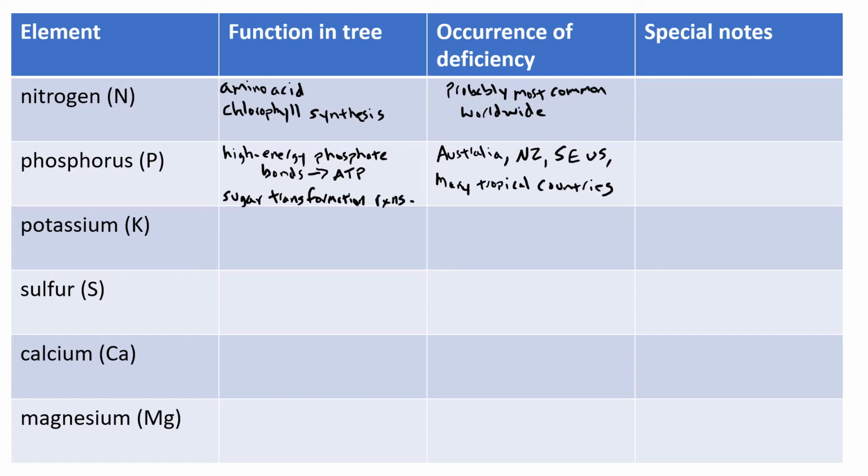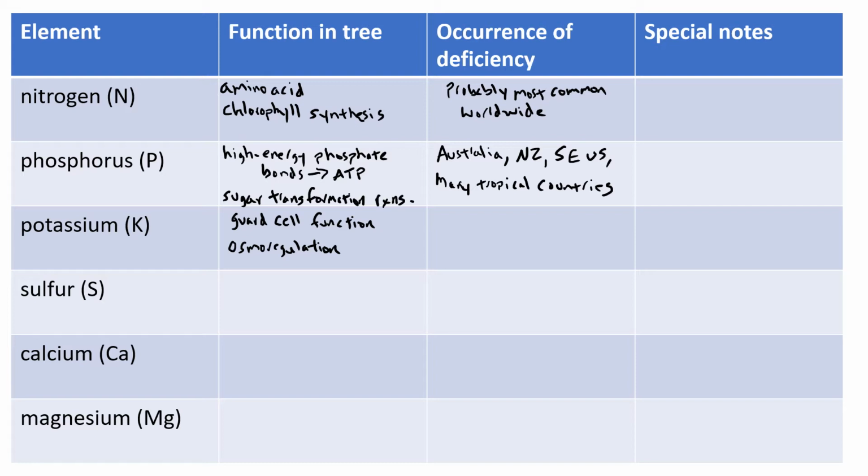Potassium: later on when we study water relations, we'll learn more about how guard cells open and close, but potassium plays a key role in the opening and closing of guard cells, and more broadly, osmoregulation. So the regulation of turgor, or how much water there is in cells, potassium plays an important role in that.